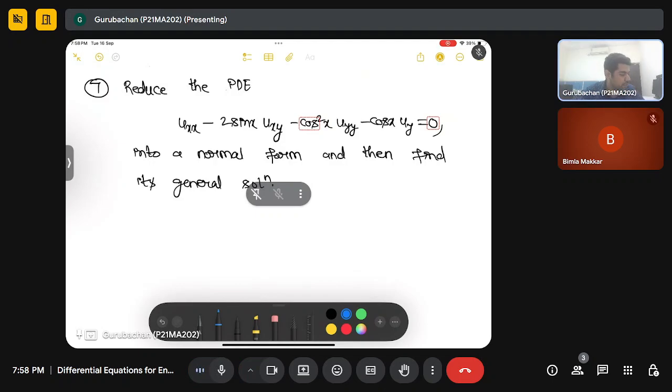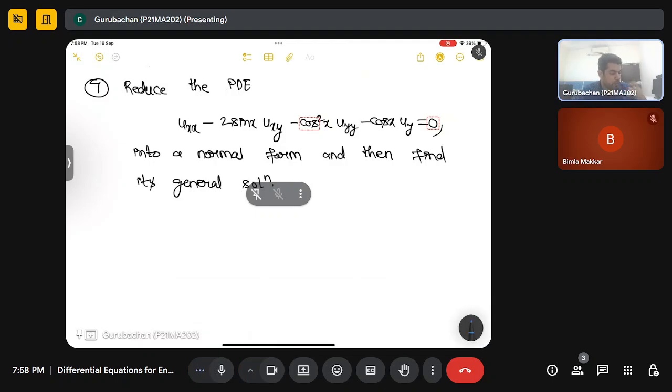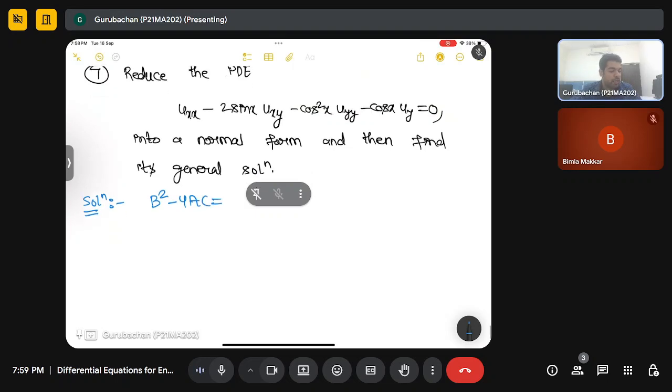So let us discuss this one. Our A is 1, B is minus 2 sine x, and C is minus cos square x. So this will be 4 sine square x plus 4 cos square x, which is 4, that is greater than 0.